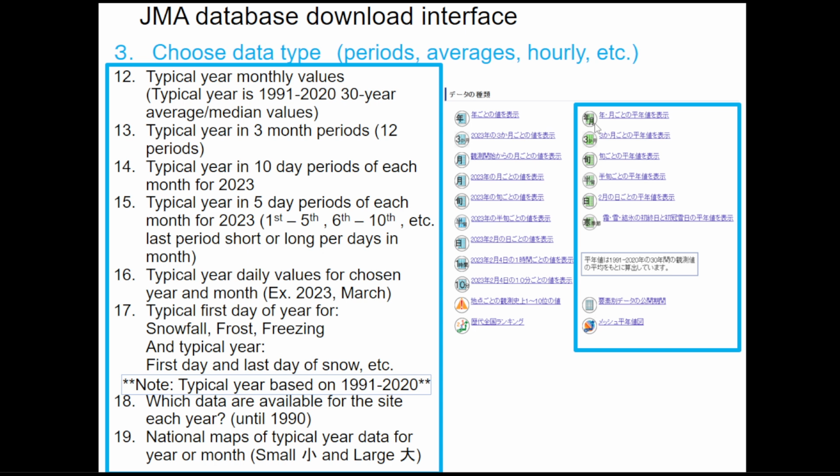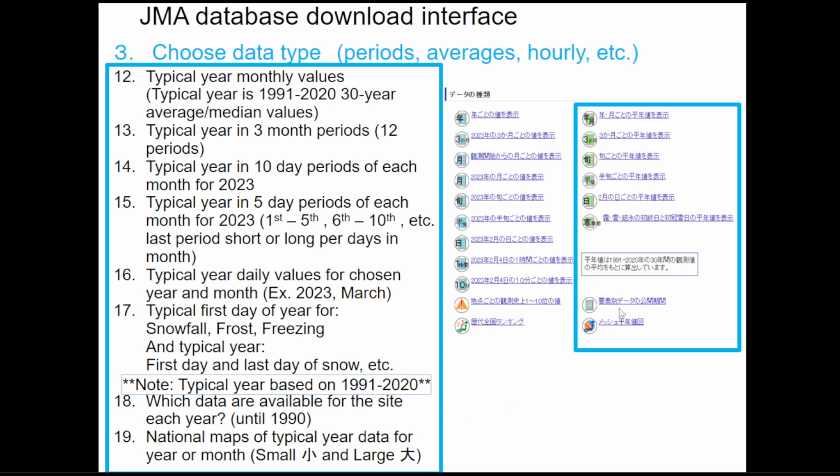3 hours. Okay. So the yearly, the monthly, the 3-month periods, the 10-day periods, the half 10-day periods, 5-day periods, then the daily, and then special facts about the days of frost, snow, ice, etc. So the winter length, basically.